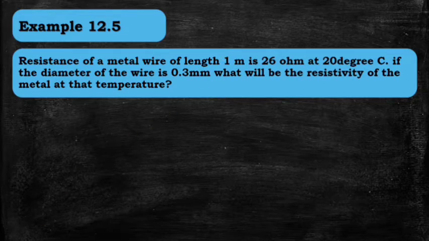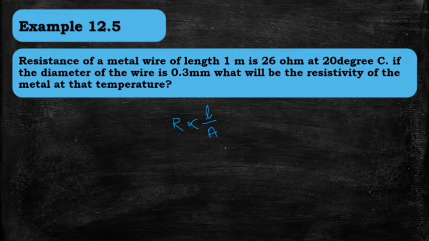What we know is resistance is directly proportional to length of the conductor divided by area of its cross section. So the length given is 1 meter at 26 ohm at 20 degrees Celsius.